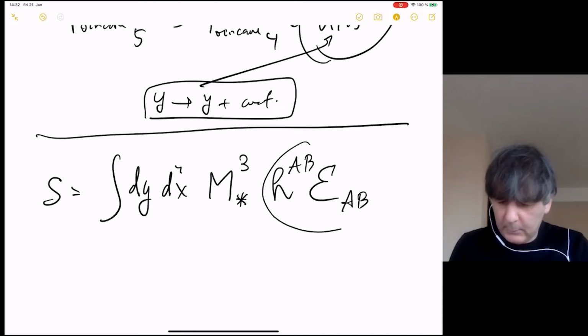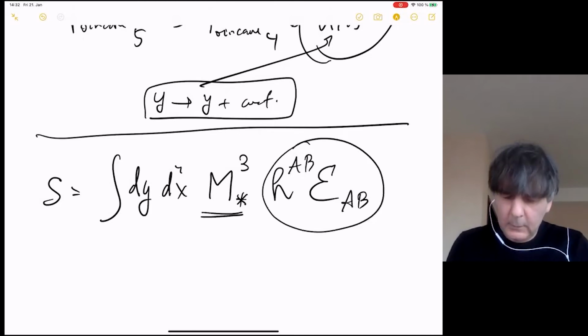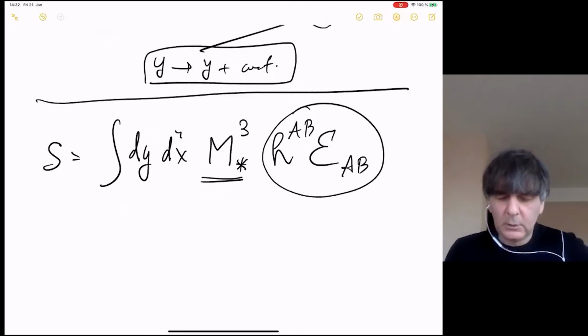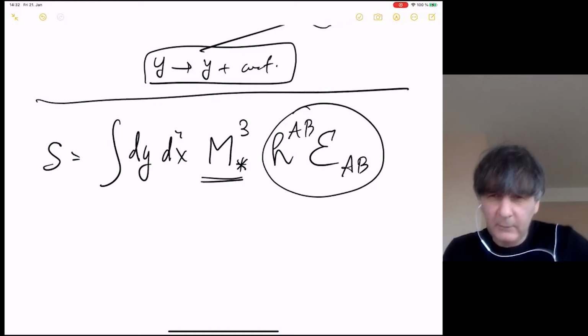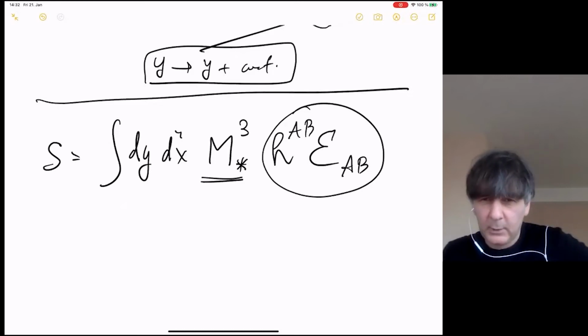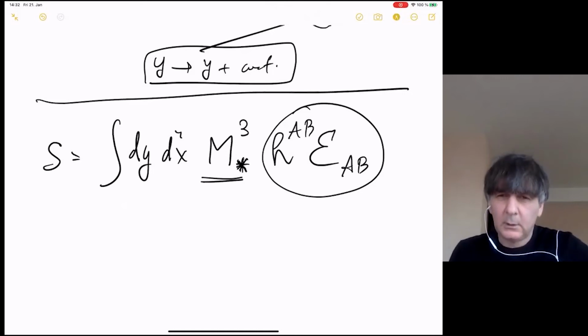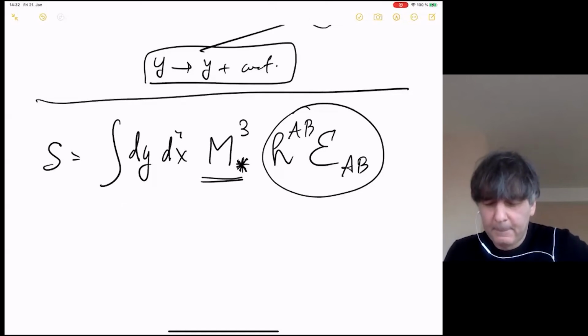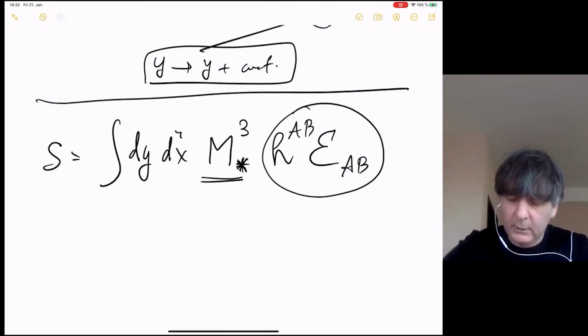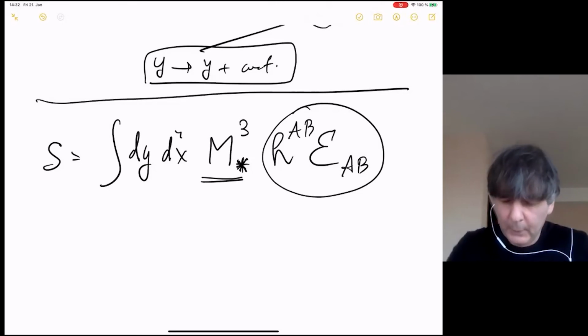So Newton's constant in 5 dimensions has dimensionality of 1 divided by mass cubed. This is a fundamental Planck scale. I'm denoting it by M star, because this is now the fundamental cutoff of the theory. We are in pure gravity.